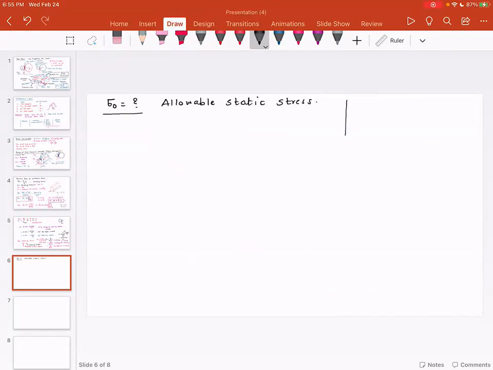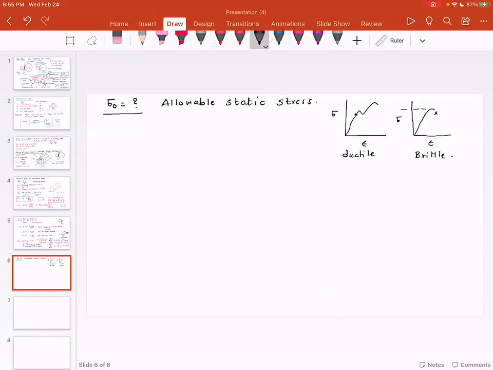Because if you look at the stress strain curve for the ductile material, you have the yield point. If you look at the brittle materials, they don't have yielding, they just have failure. So you have stress versus strain. This is for ductile and this is for brittle.